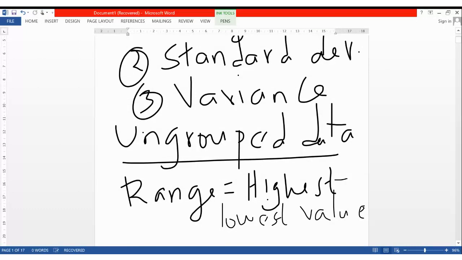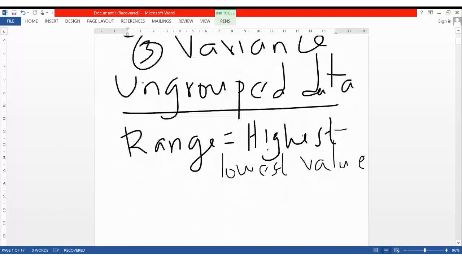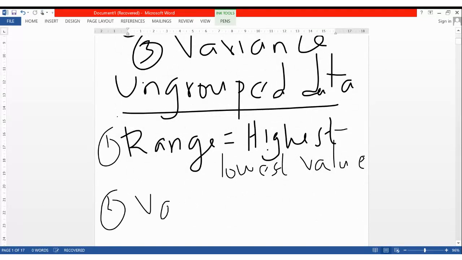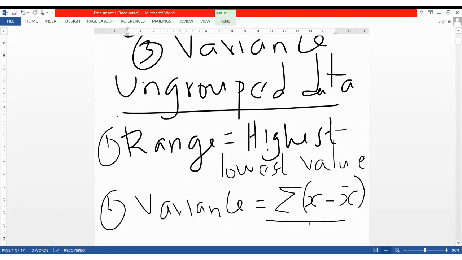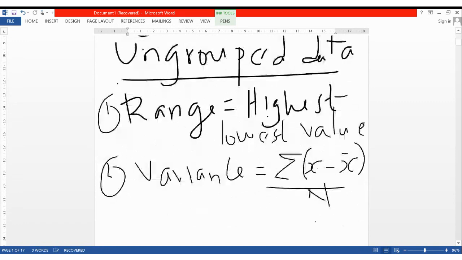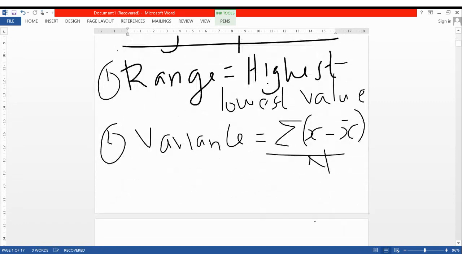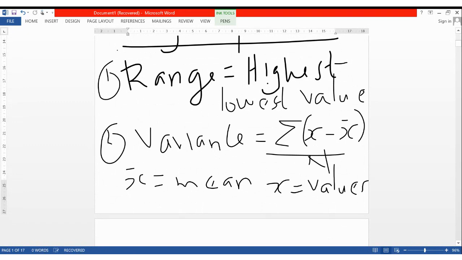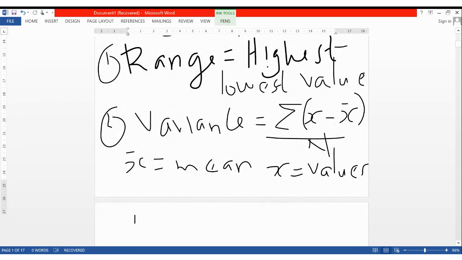The variance, number two, will be given by the summation of (x minus x bar) squared all over n, where x bar is the mean, x are the values, and n is the total number listed.